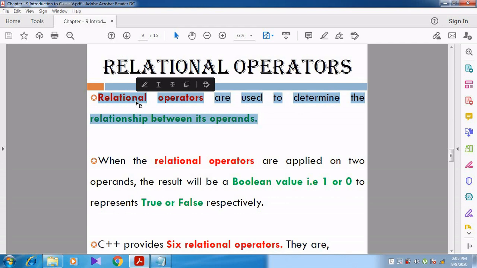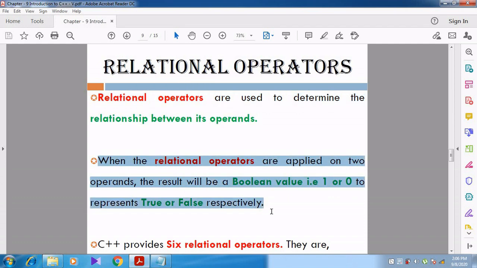We can find it using the relational operators.